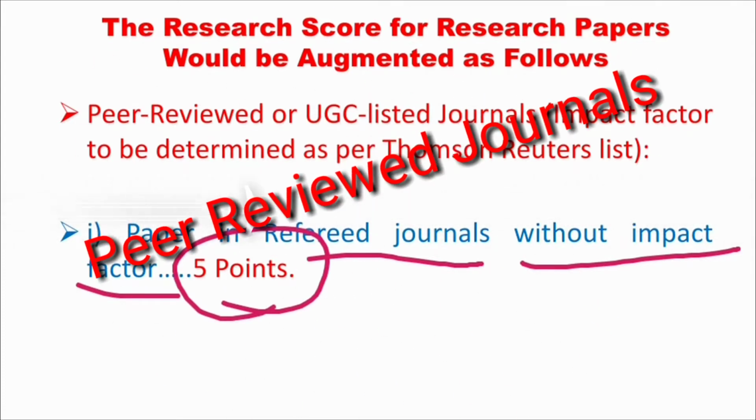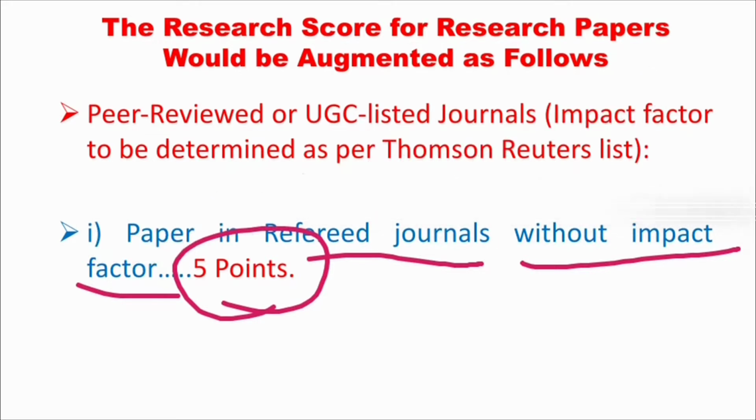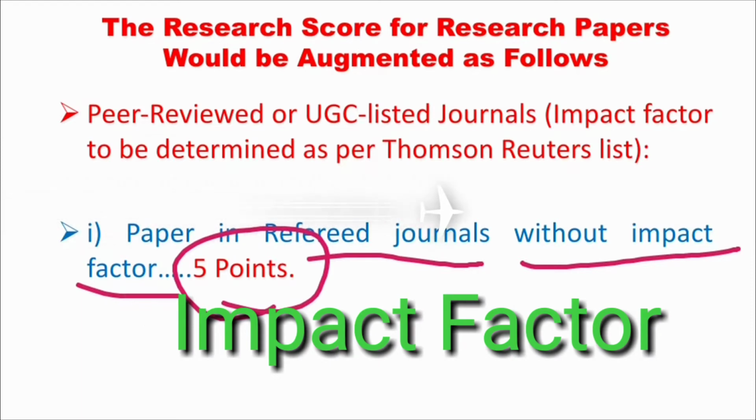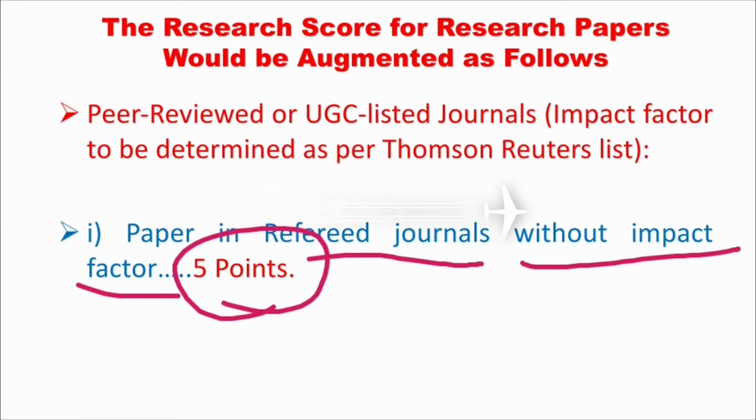So many people know, or I don't know how many people know, the impact factor. I can explain it here in a simple manner: it's a scientometric index that reflects the yearly average number of citations that articles published in the last 2 years in a given journal received.